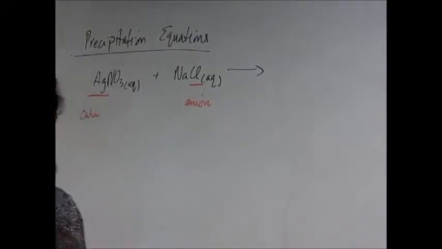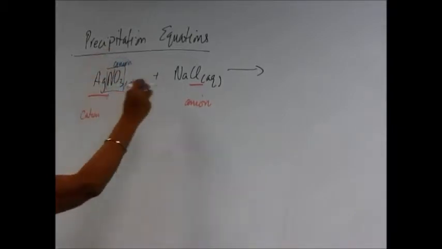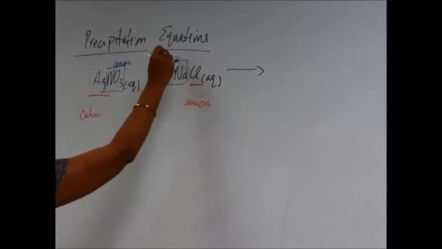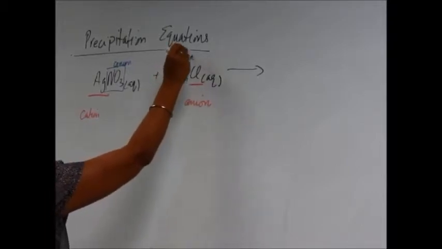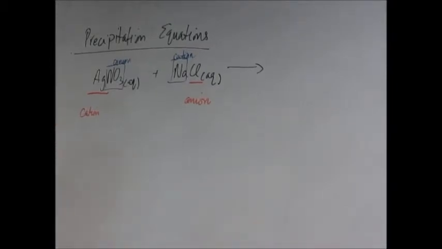And then the other way, you take the anion of the first one and the cation of the other. So the reds will go together, the blues will go together. When you form the product, on the product side, your formula should still be correct.